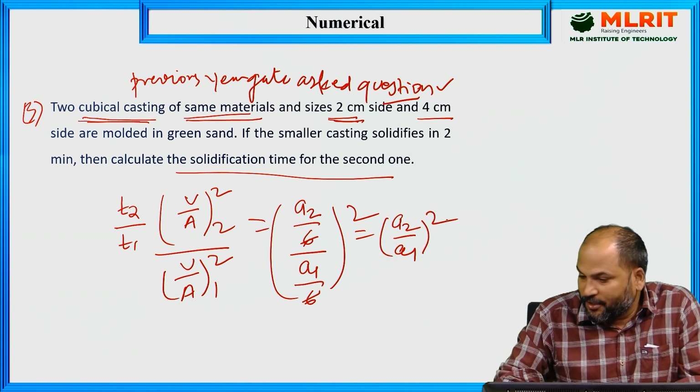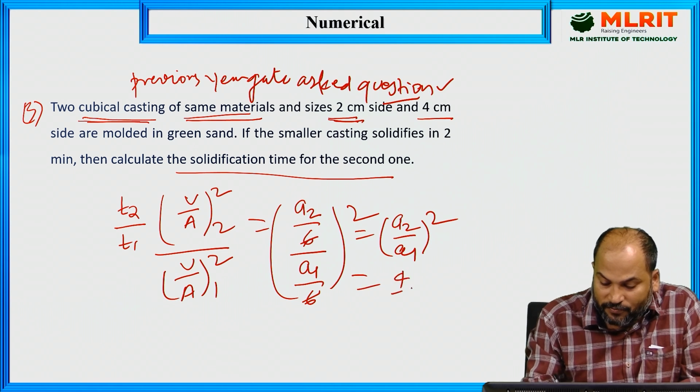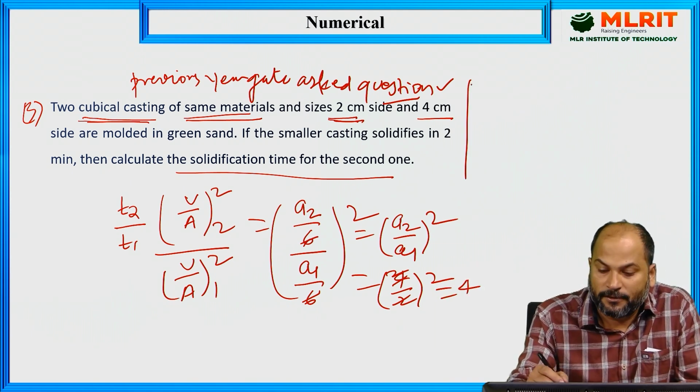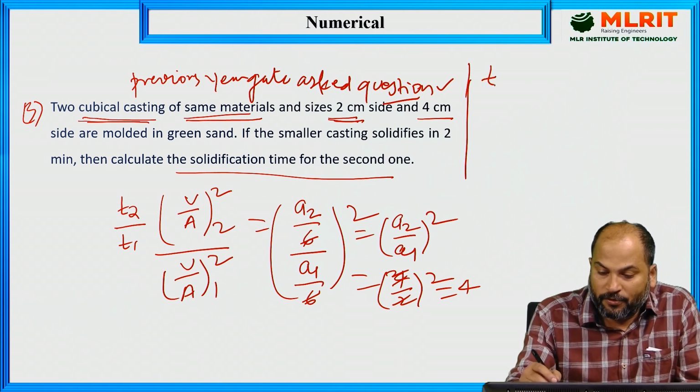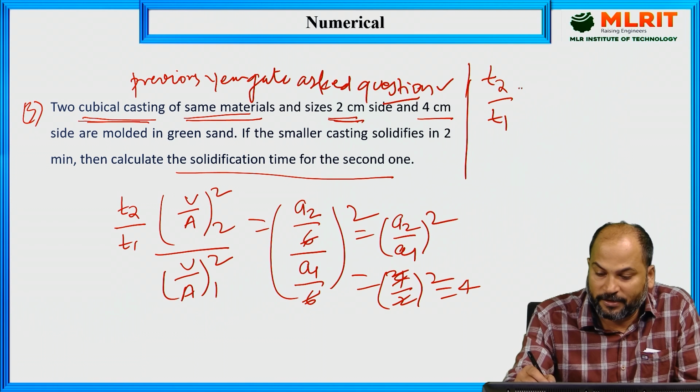So what is A2? In the problem it is given, so A2 is 4 and A1 is 2, squared. So this is 2, and 2 squared is equal to 4. So what we finally got is the solidification time of the second casting upon the solidification time of the first one is equal to 4.